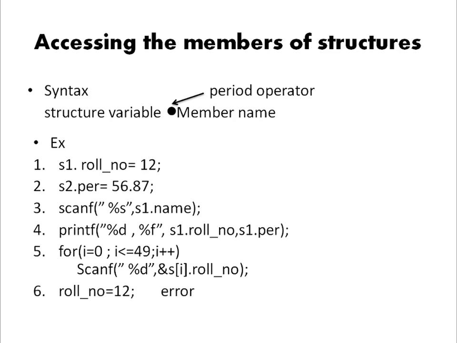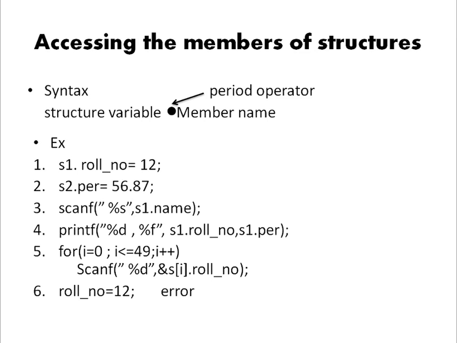Trying this out is an error. If I directly say roll_number equals 12, this will be an error. Yes, you have guessed it right. Since roll_number is a member of the structure, it can't be accessed without the structure variable.